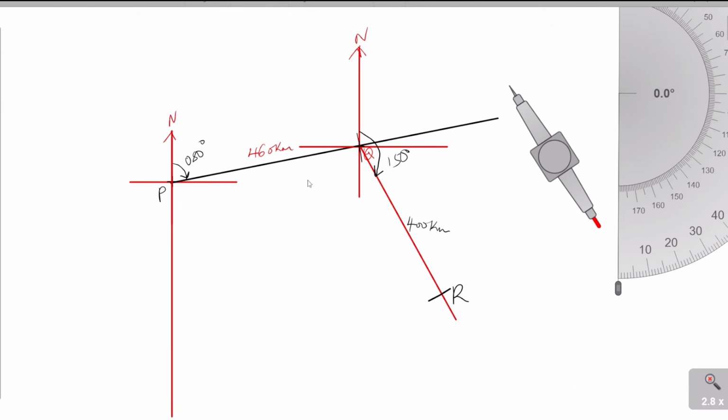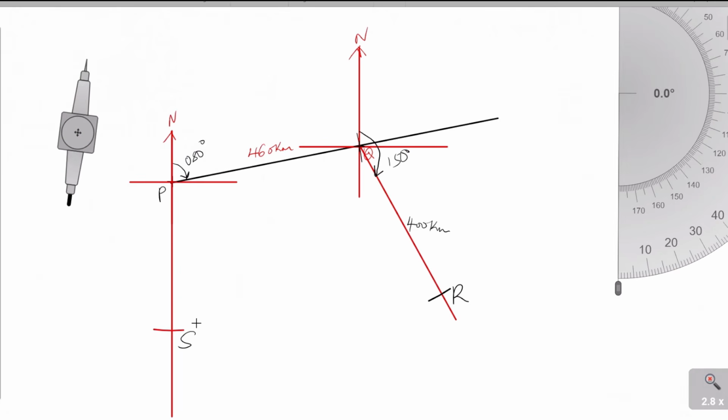Then you take a measurement of 3.5 standing at P, and you mark. That is S, and this 3.5 is equivalent to 350 kilometers.